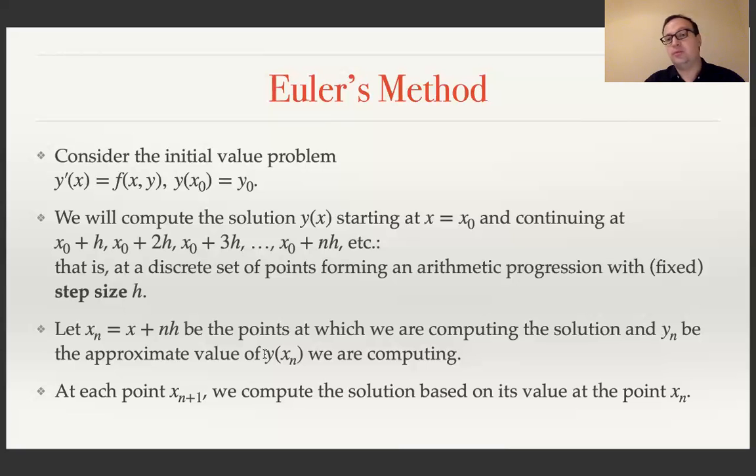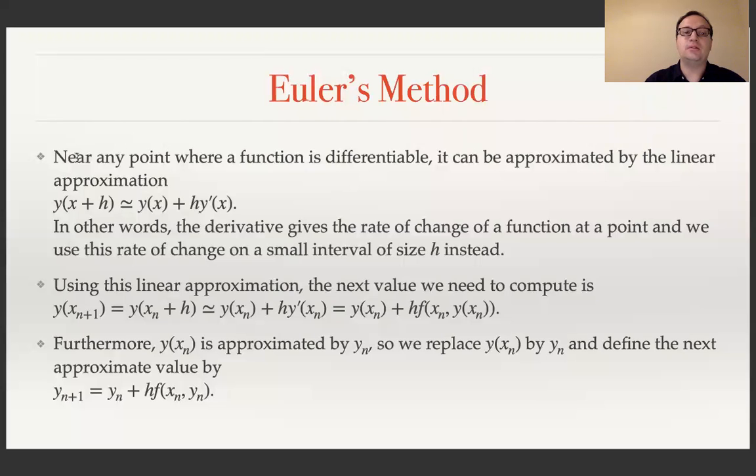And our method works step by step. At each point xn plus 1 in our grid, we will compute the solution based on its value at the previous point xn. So Euler's method uses this simplest possible approximation to compute the solution at the next grid point, namely y of x plus h for any differentiable function y is approximately equal to y of x plus h times y prime of x.